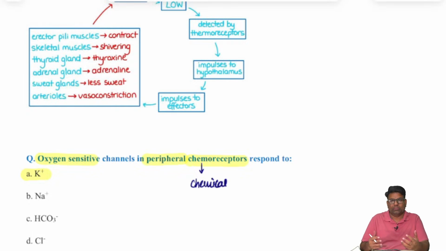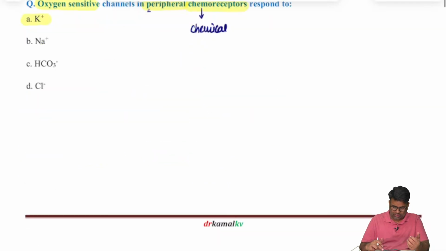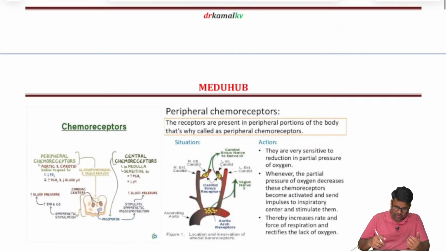Receptors are the sensing part, and when we say peripheral, we are discussing the aortic and carotid bodies. The carotid bodies are present around the bifurcation of the common carotid artery, along with the aortic arch receptors. They are very sensitive to reduction in partial pressure of oxygen.